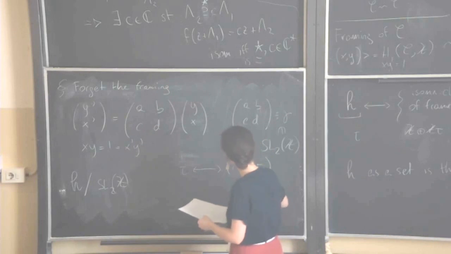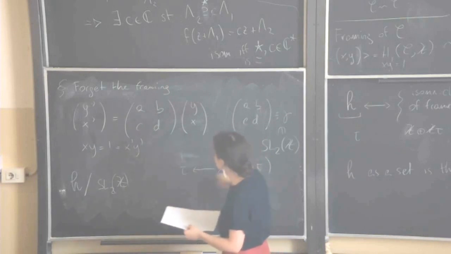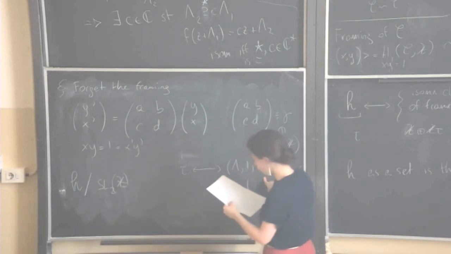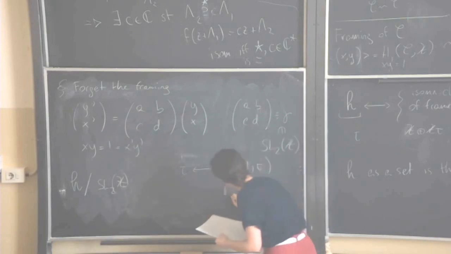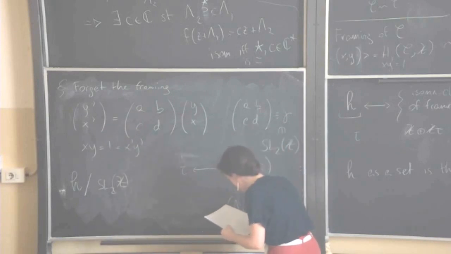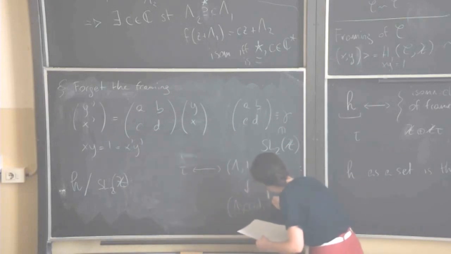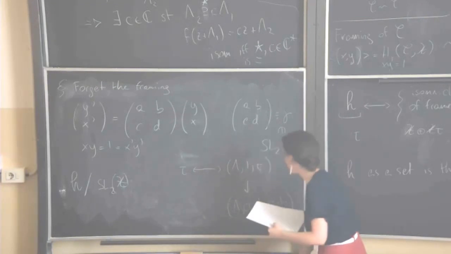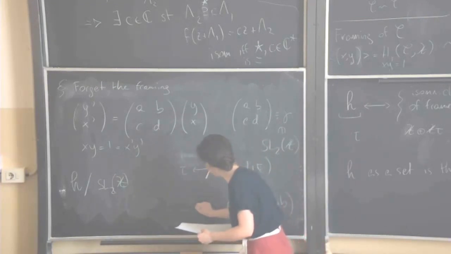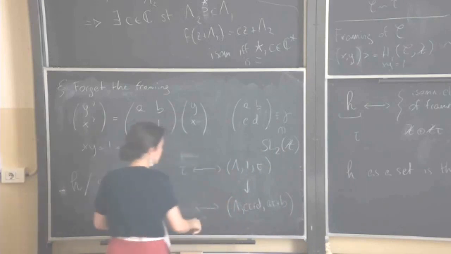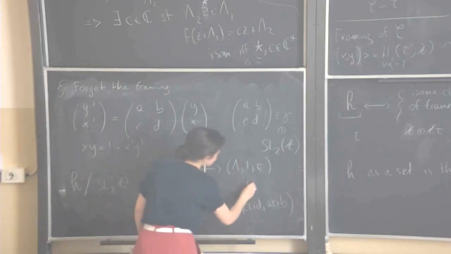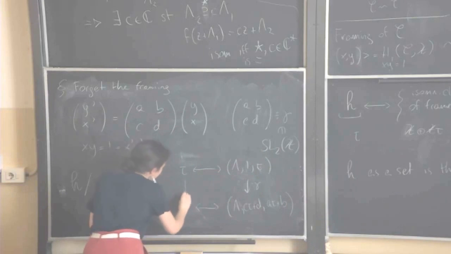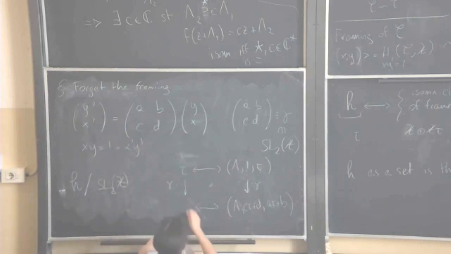Here we are sending our basis, lambda 1 tau, to lambda, c tau plus d, and a tau plus b, which means that in H, tau multiplied by gamma gives you (a tau plus b) over (c tau plus d).